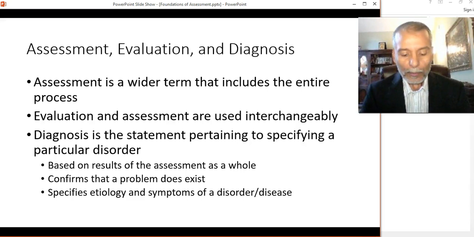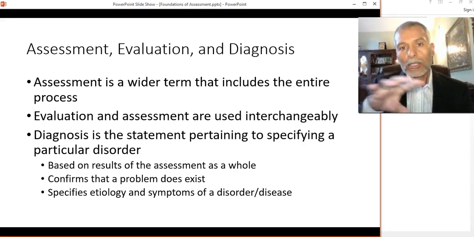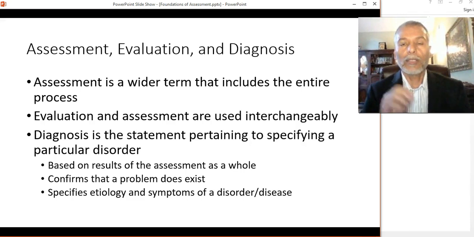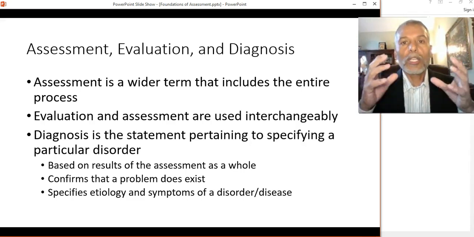Diagnosis is based on all the results. After you administer testing and analyze and obtain data and information, then you make your professional judgment.